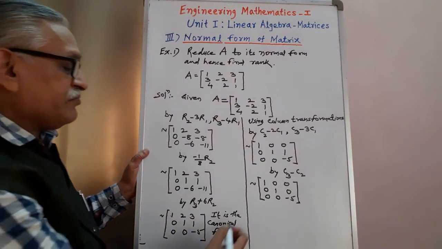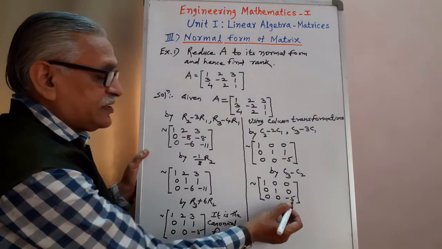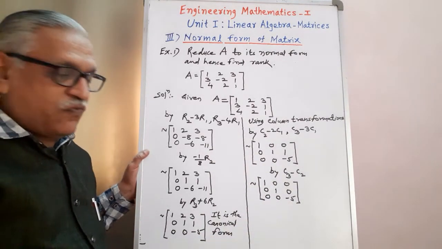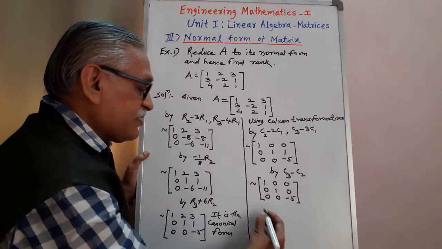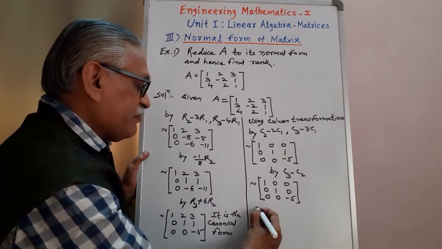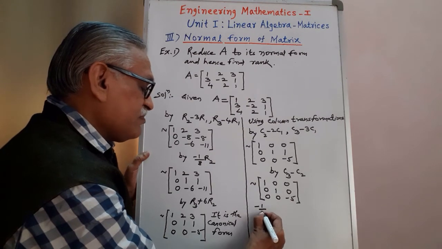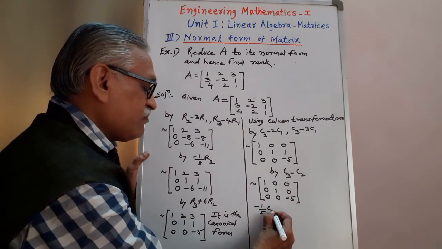And then lastly, converting the last diagonal element to 1 by multiplying that row or that column. Therefore, I am multiplying the third column by minus 1 by 5.